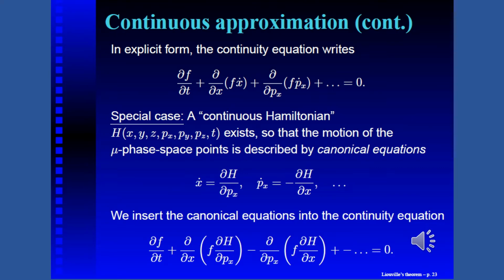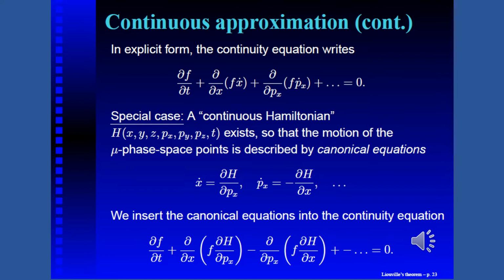In explicit form, the continuity equation writes: partial f over partial t plus partial over partial x of f times x dot, plus partial over partial px of f times px dot, plus so on, is equal to 0. Special case: a continuous Hamiltonian H of x, y, z, px, py, pz, t exists so that the motion of the mu phase space points is described by canonical equations. x dot is equal to partial H over partial px, px dot is equal to minus partial H over partial x.